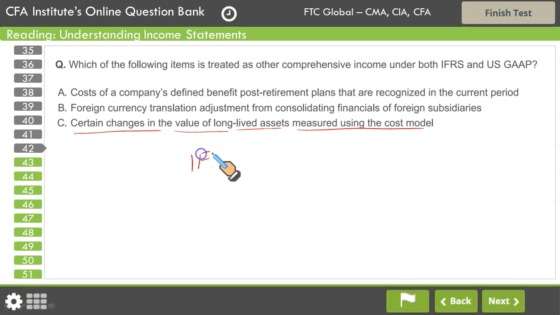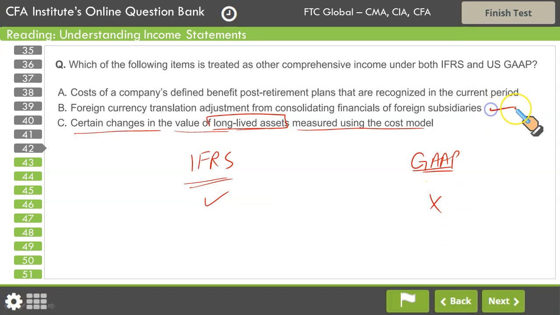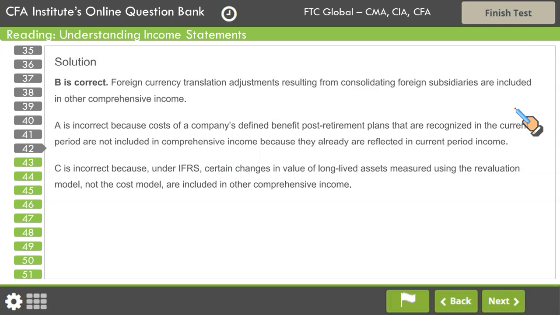US GAAP follows the cost model for long-lived assets, which means there is no revaluation surplus that could be reported in the equity. But under IFRS, we have two options: use cost model or the revaluation model. So in this case, the gain on revaluation goes to OCI in case of IFRS. So here they differ, but in B they are on the same page. That makes B the correct option for sure.